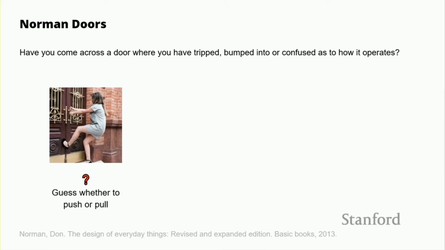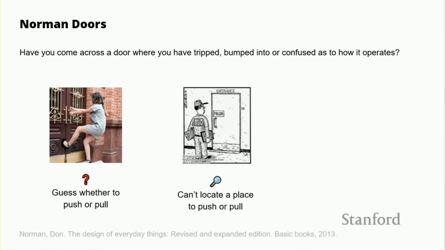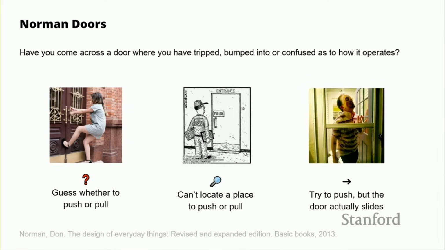It's maybe not obvious. It has a handle, but what the handle does is not clear. There are multiple places you could engage the handle, but it's not clear which one is the right one to use. Or it doesn't push or pull, neither is right. It's actually a sliding door, so you need to know that it's something you're supposed to slide.